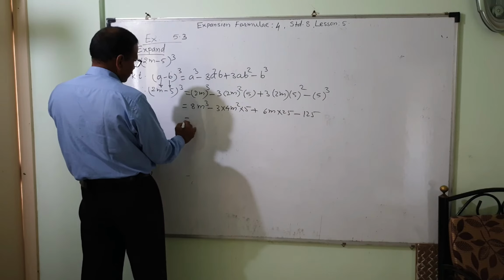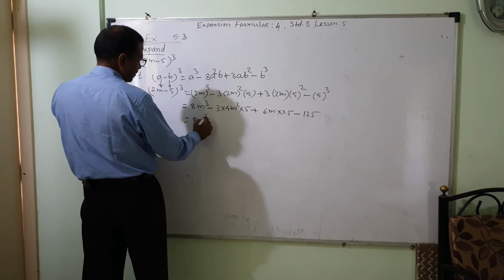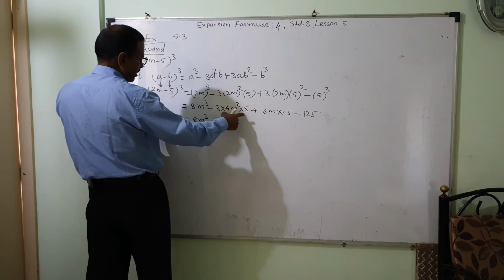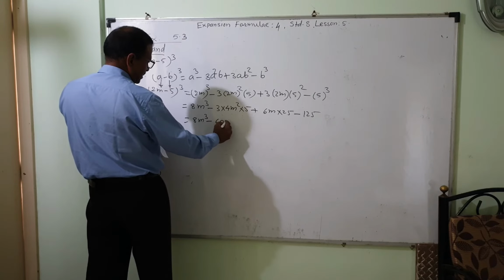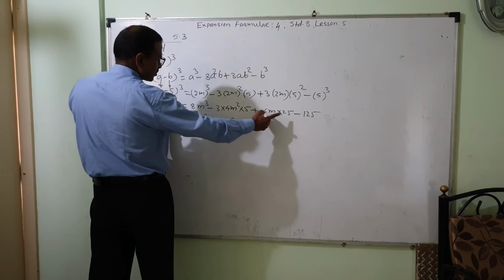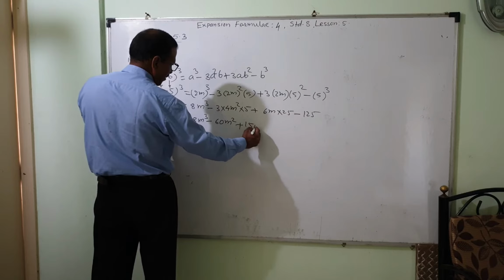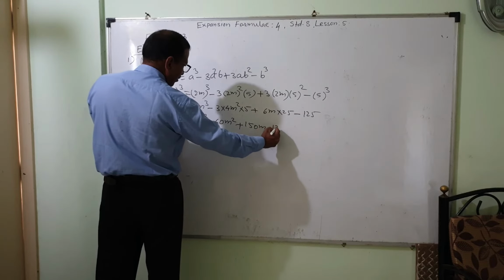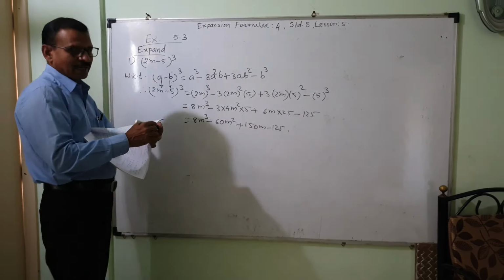So that is equal to 8m³ minus 60m² plus 150m minus 125. This is the answer for this.